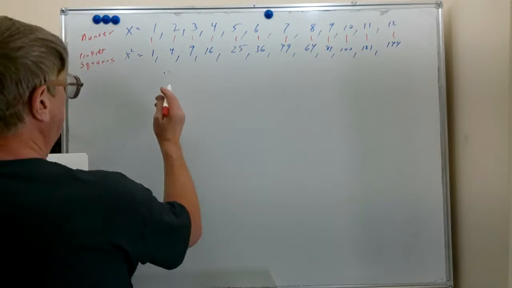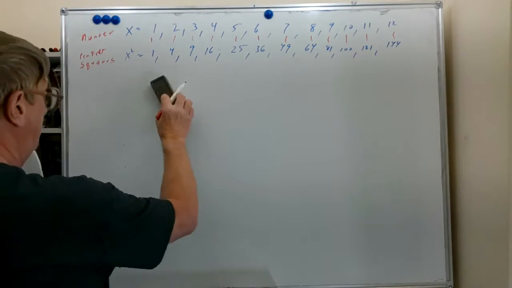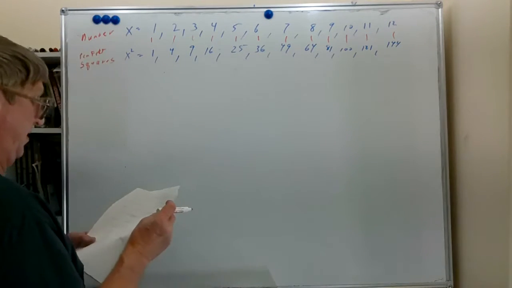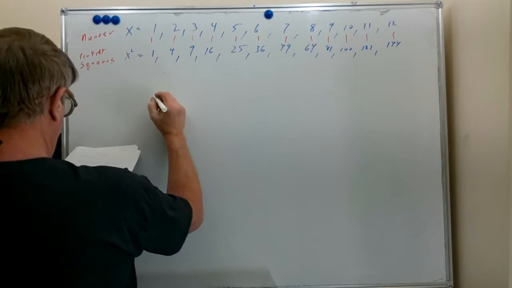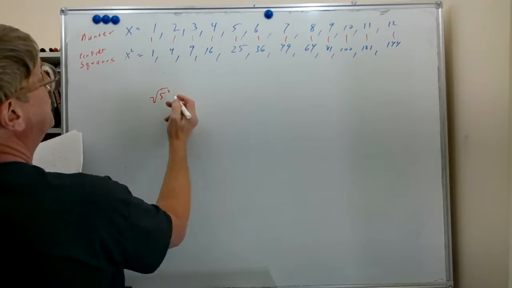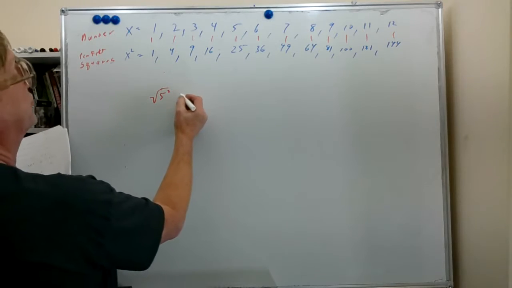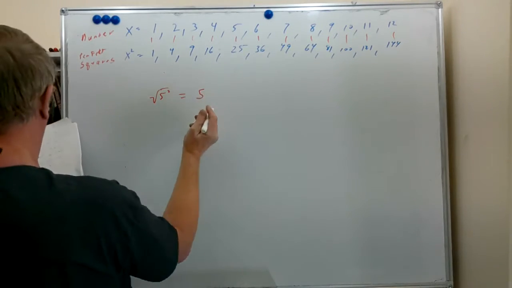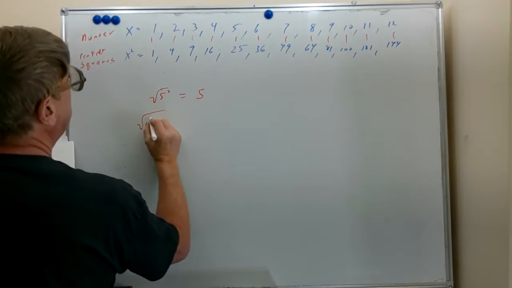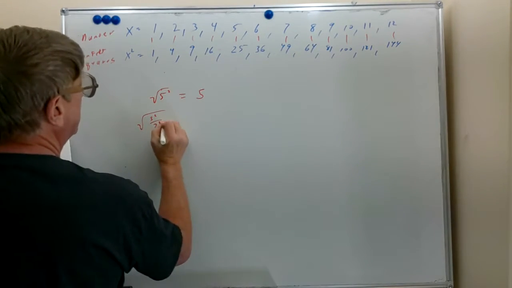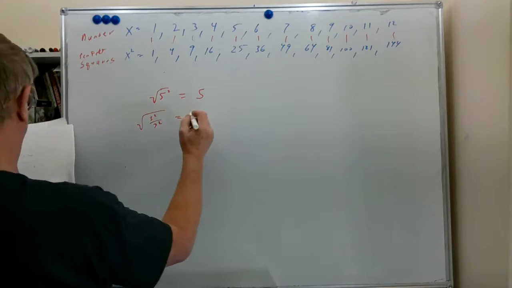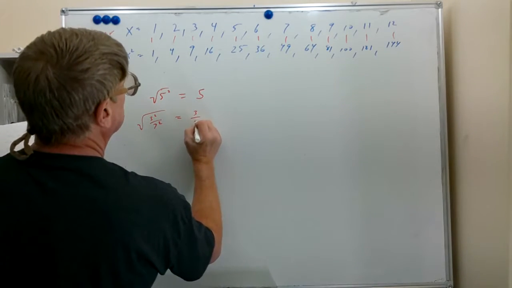A few more examples here just to help one remember. The square root of 5 squared. Well, the square root undoes the squaring, so we end up with 5. The square root of 3 squared over 7 squared. Again, the square root undoes both of these squarings, so it ends up being 3/7.